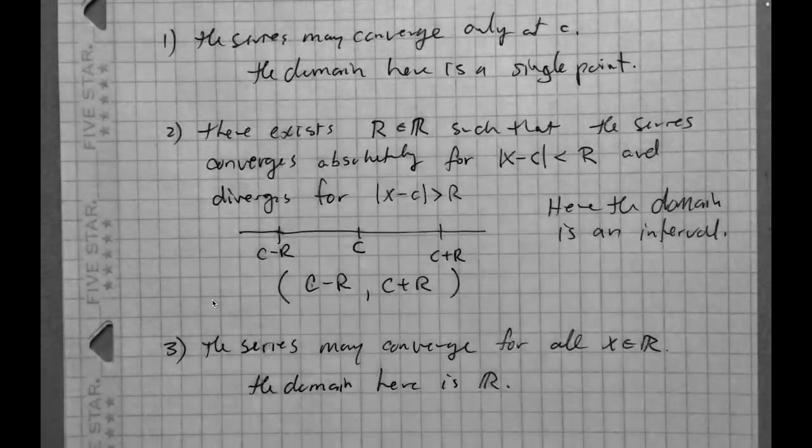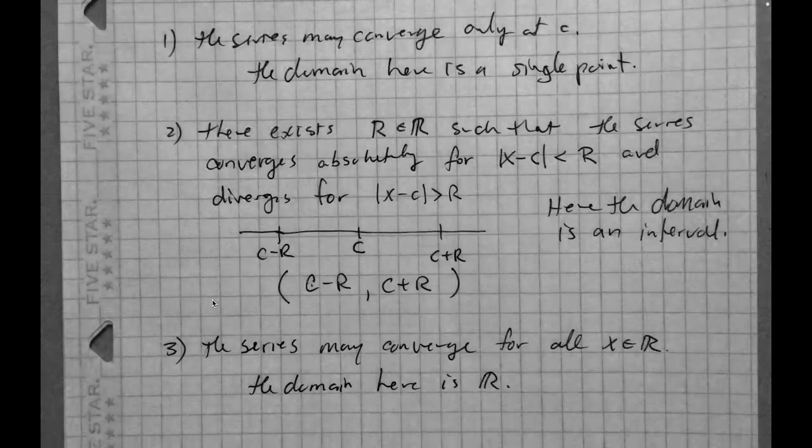So it's one of these three. There's no alternative. So basically, what this means is the domain of a power series is not going to be a series of intervals. It's not going to be isolated points scattered throughout the real numbers. It's not going to be things like that. It's going to be a point, an interval, or everything. Okay. All right. That's cool.